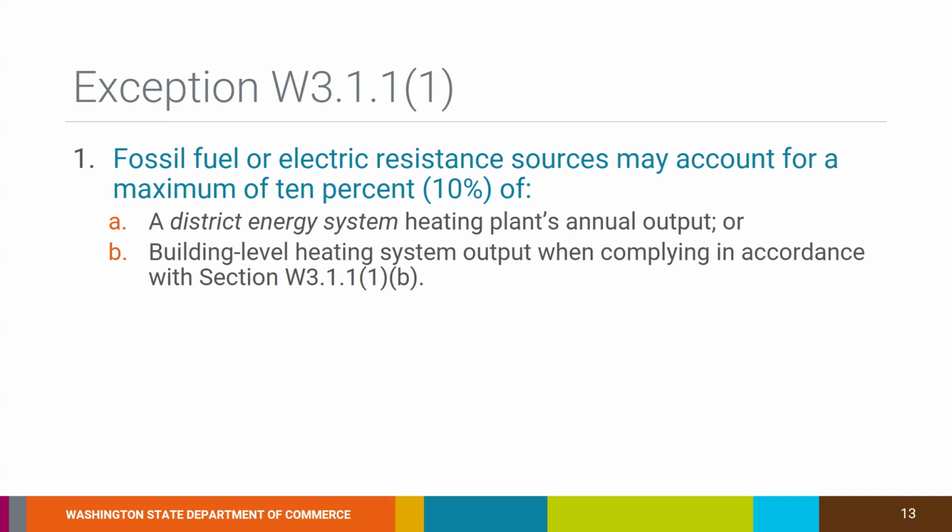And if you are complying through the pathway, which we'll talk about in more detail in a couple of slides, for decarbonizing the campus heating systems at the building level, that same 10% limit also applies to that strategy. Next slide.